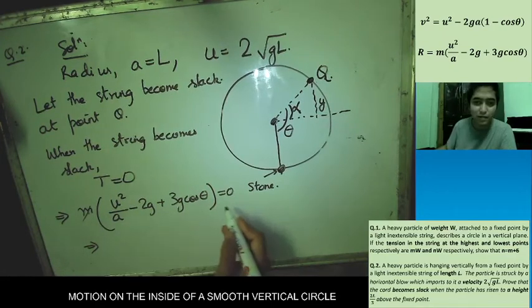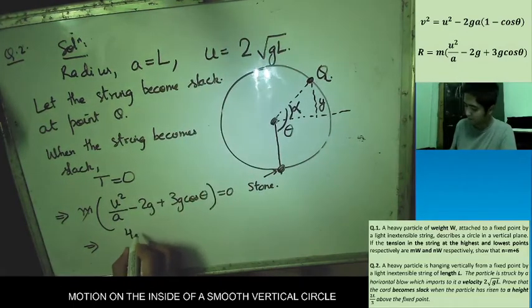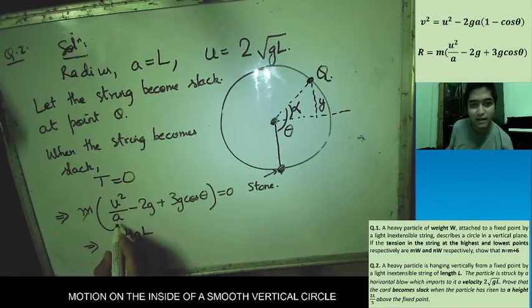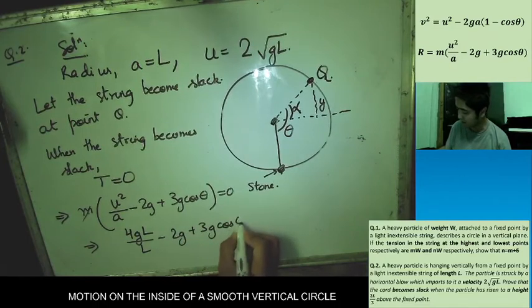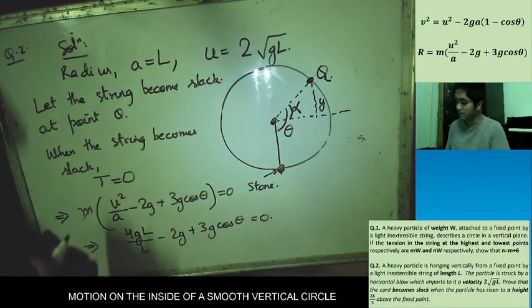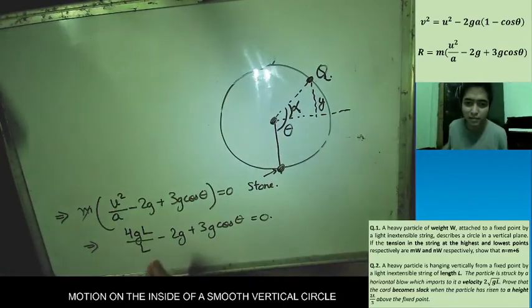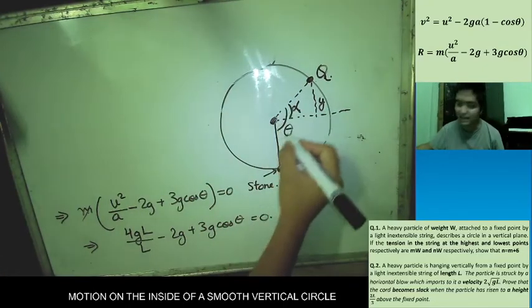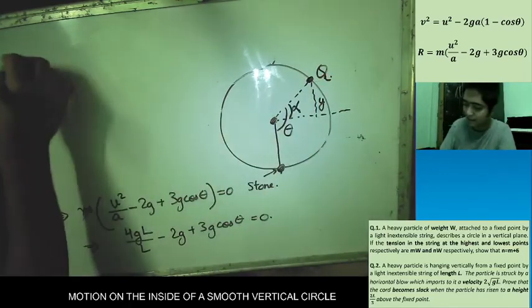You can divide by m. u square will be 4gL, and a is equal to L, so 4gL upon L minus 2g plus 3g cos theta equals 0. What we are actually doing here is finding this angle theta. At which point will it become slack?